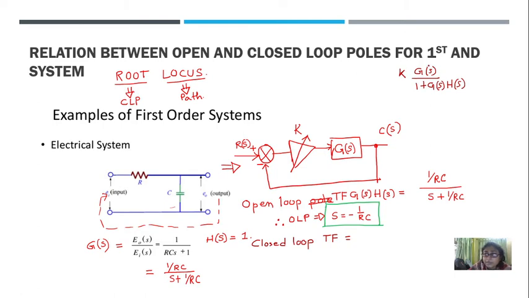As this is multiplied with the system, the whole system is K into G(s). So the transfer function is coming K into (K/RC) divided by (s plus 1/RC) by 1 plus (K/RC) divided by (s plus 1/RC), into H(s), and H(s) is 1.